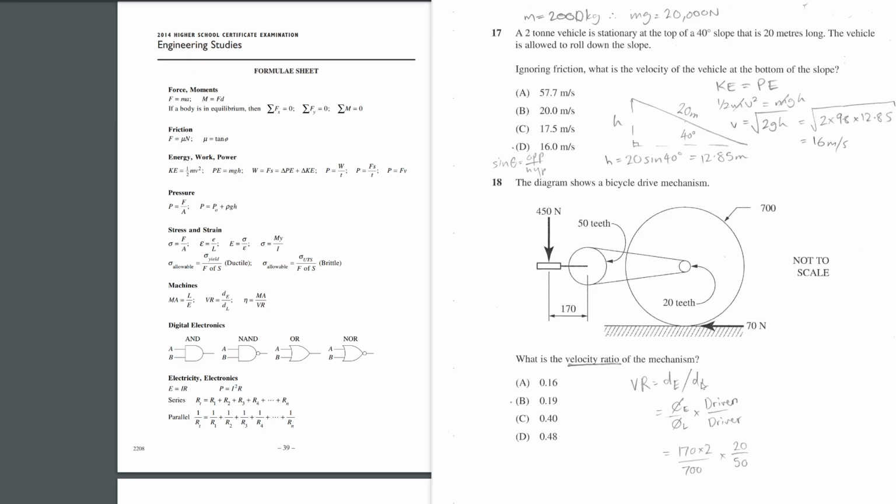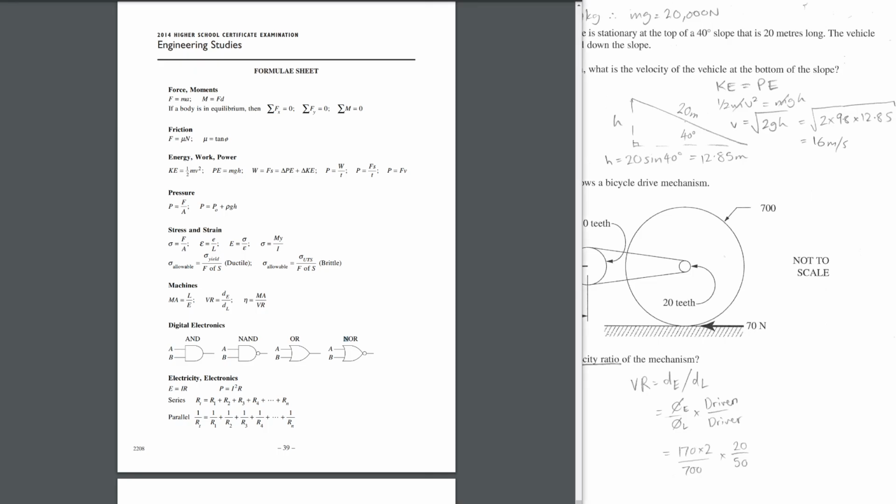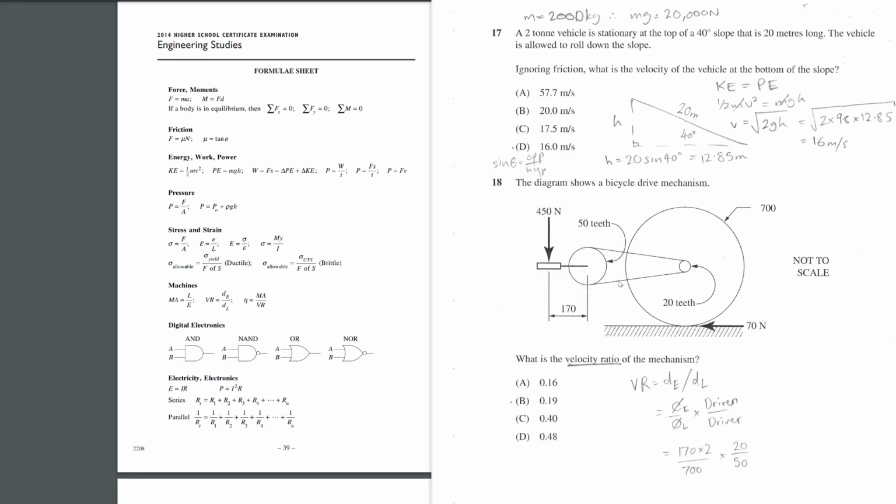Driven over driver. I also have NR, driven over driver, because driven ends in an N, over driver ends in an R. I'm just chucking out different things. Whatever mnemonic works for you, good luck.